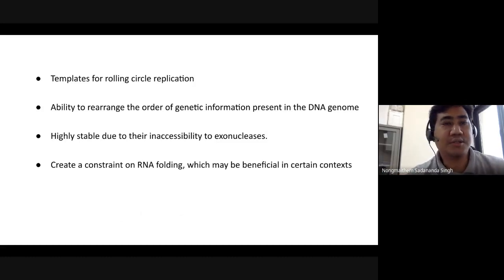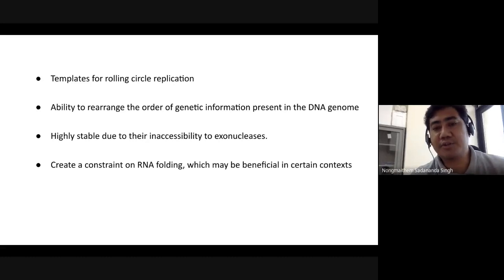Now, once you circularize it, because most of the degradation of DNA or RNA involves exonucleases, which degrade the DNA or RNA from the ends, a circular RNA doesn't have any ends, so it is not accessible to exonucleases.